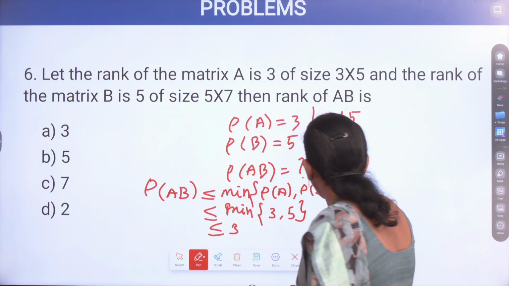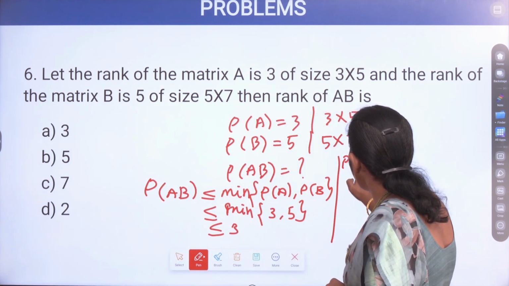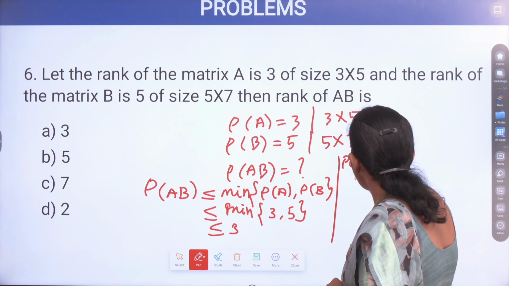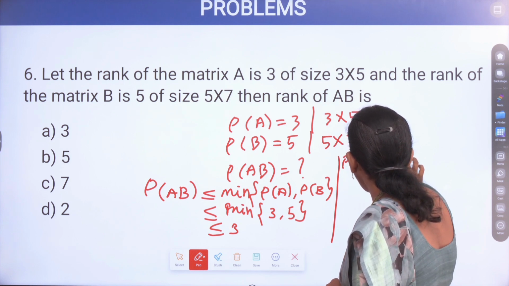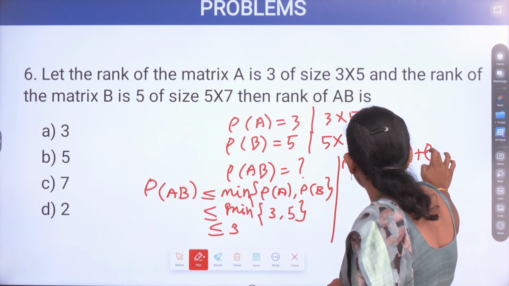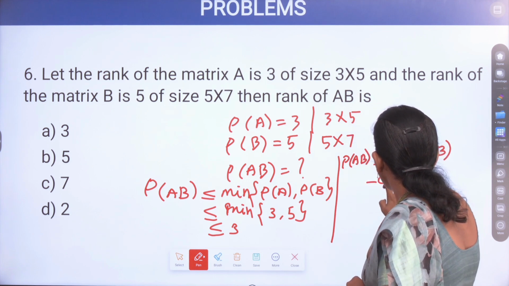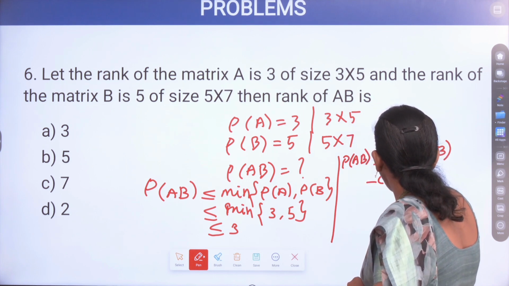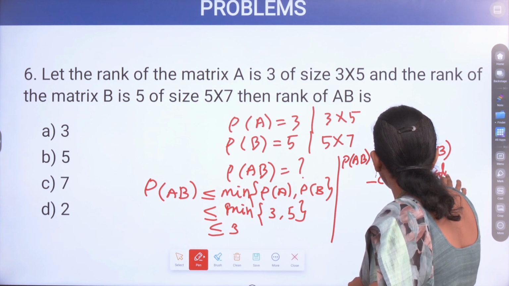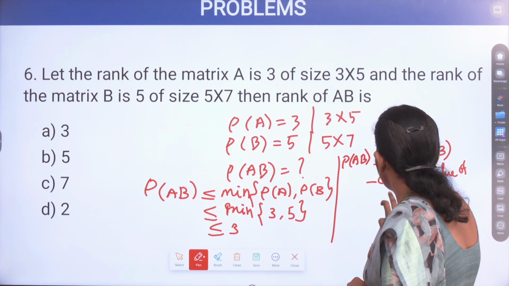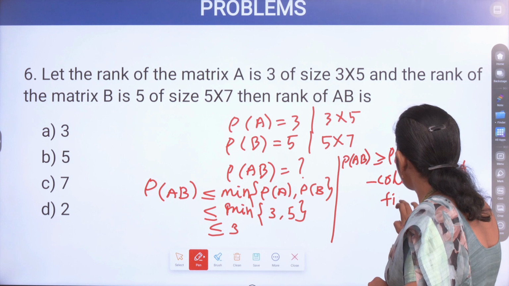Again, using one more property, rank of AB is greater than or equal to rank of A plus rank of B minus the column value of the first matrix.